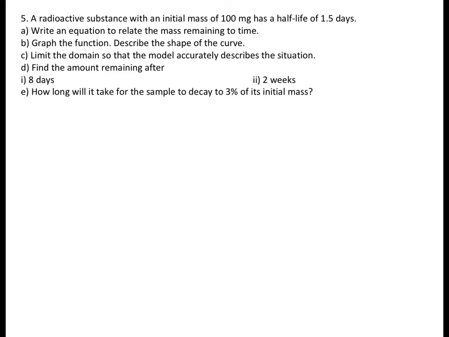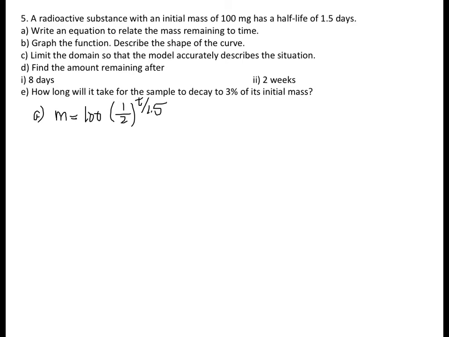For this part, I know that mass M, which is left, is the initial one, which is 100, times, since we are talking about half-life, 1 over 2. Now the half-life is 1.5 days, again assuming that I represent t to be the number of days, so t divided by 1.5.